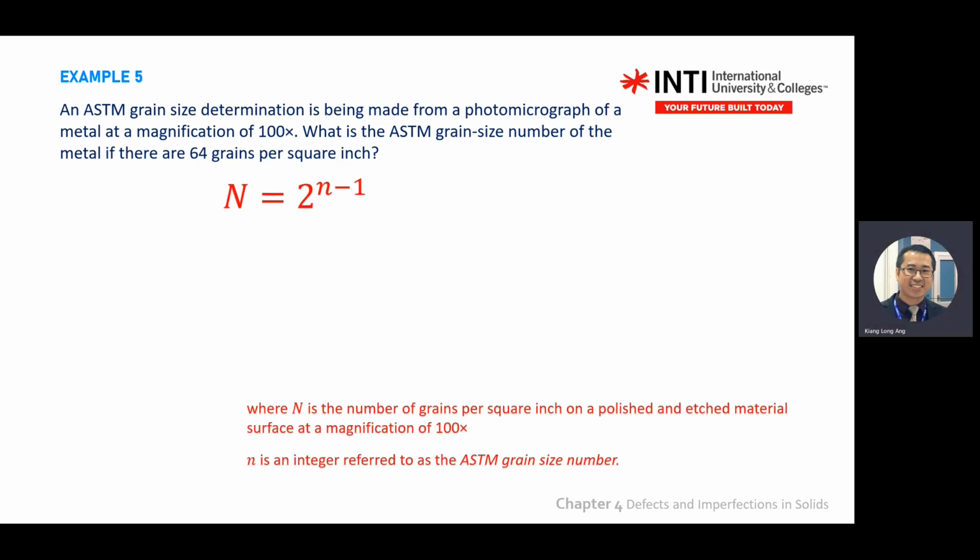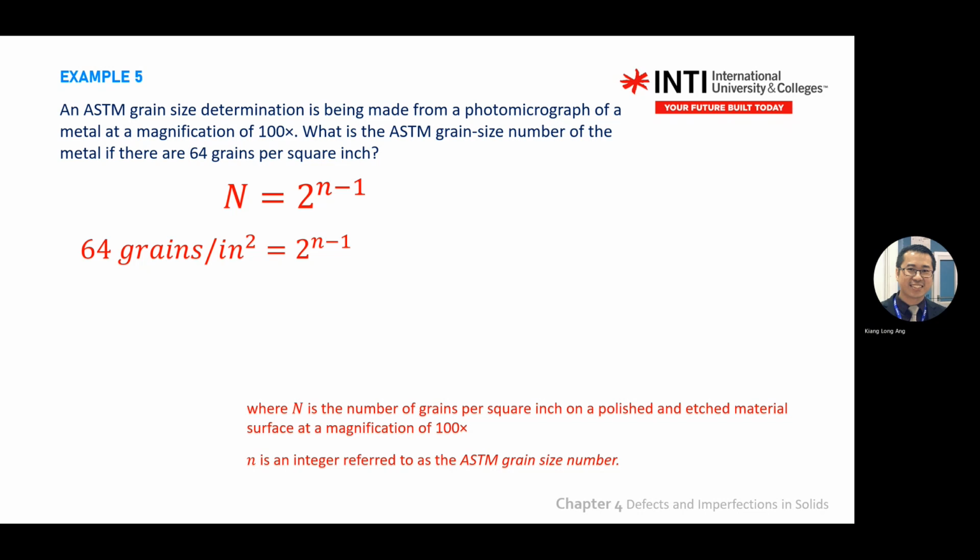You use this formula, N equals 2 to the power n minus 1. You substitute the number. On the left, capital N was given. You have 64 grains per square inch. This is in square inch, right? 64 grains. Then you find the n, right?